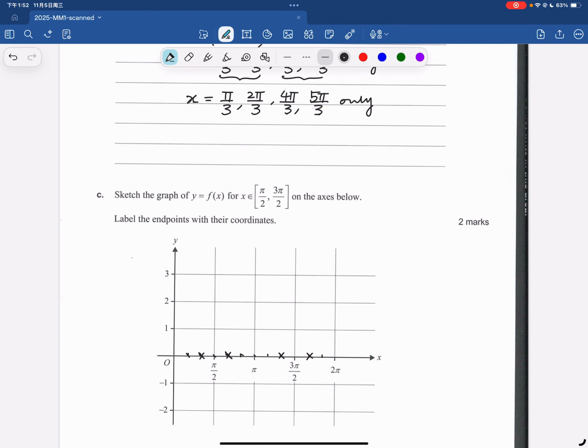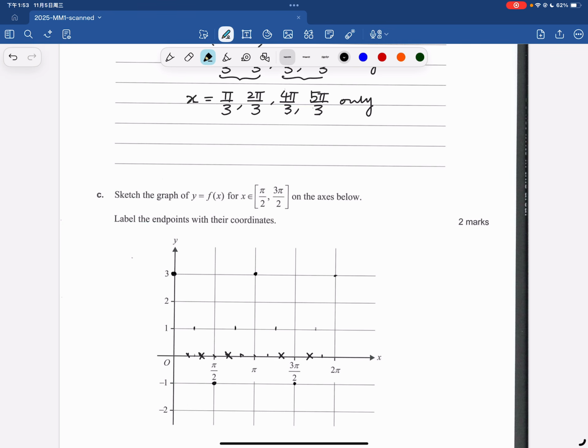But the problem is we only look at half pi to 3 pi over 2. Let me just do a quick sketch and then do some amendments. For example, a cosine graph: the middle is 1, the highest is 3, the lowest is -1, with the lowest point in the middle of pi over 2 to pi, the highest point in the middle of pi to 3 pi over 2, and 3 pi over 2 is the lowest here.